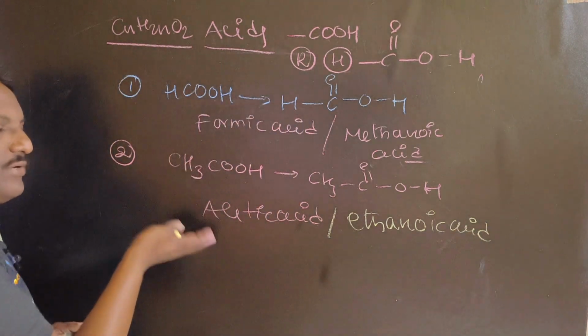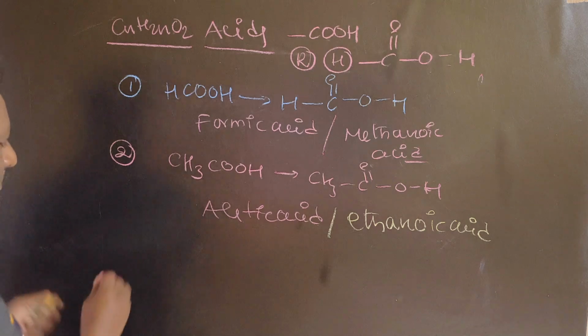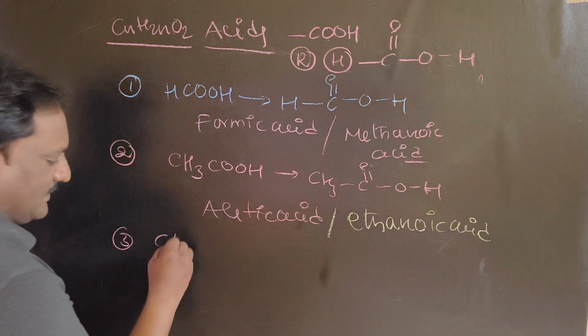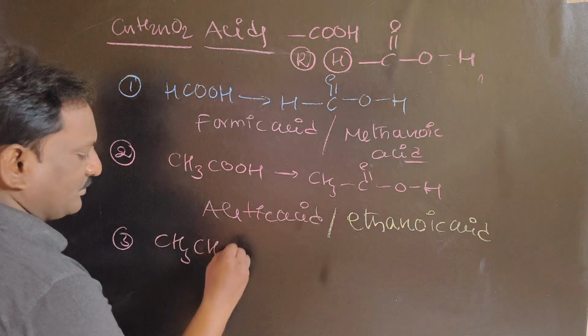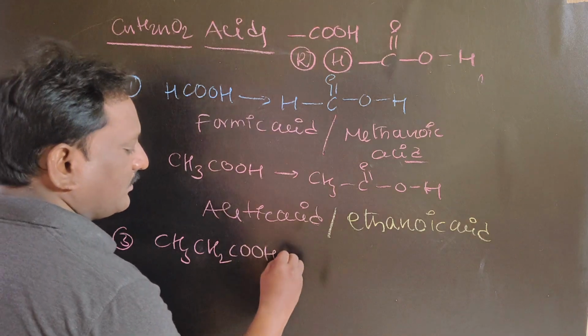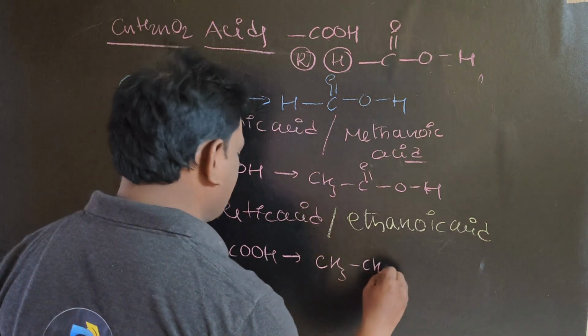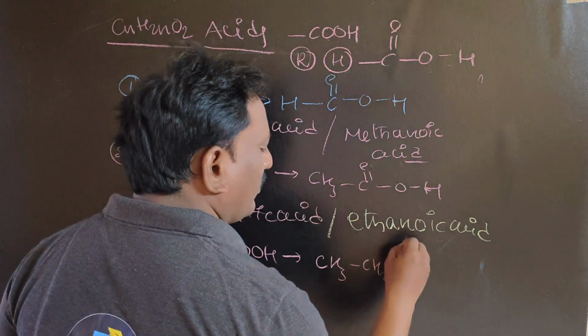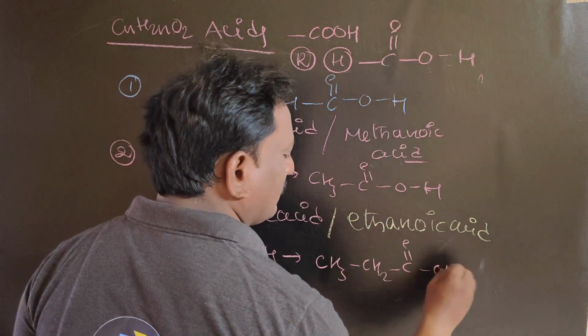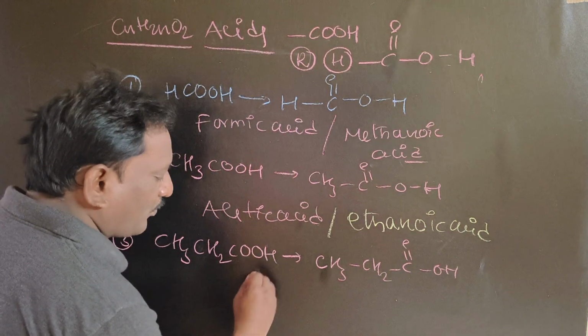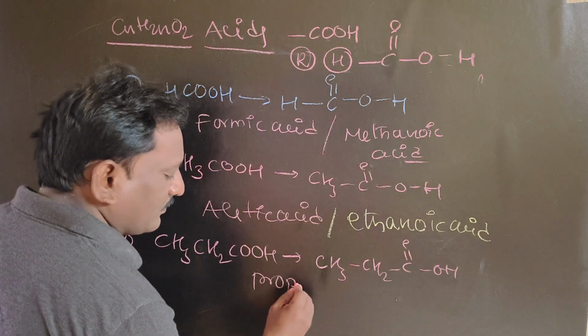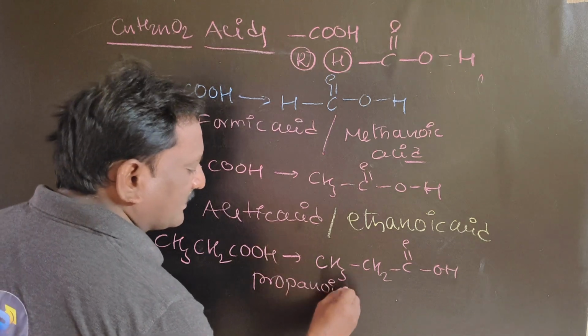Just add CH2 to get the next member. Right, very good. CH3 CH2 COOH. You can write it like this: CH3 CH2 C double bond OH. This is called propanoic acid.